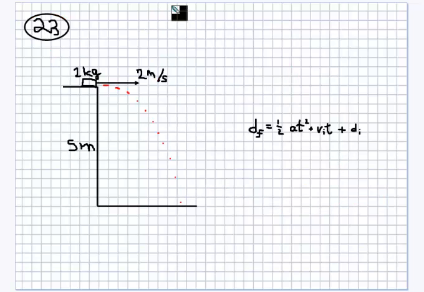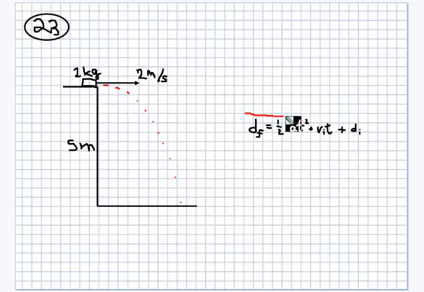Okay, on this one, number 23, we've got a diver running off a platform horizontally, which means that the initial velocity is purely in the x direction, no y velocity to begin with at all.